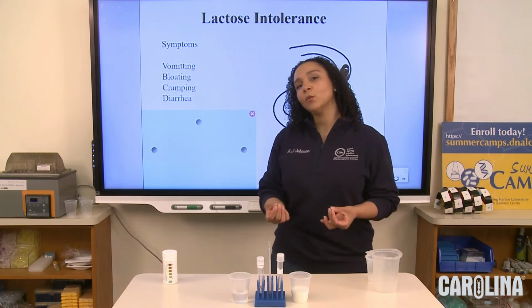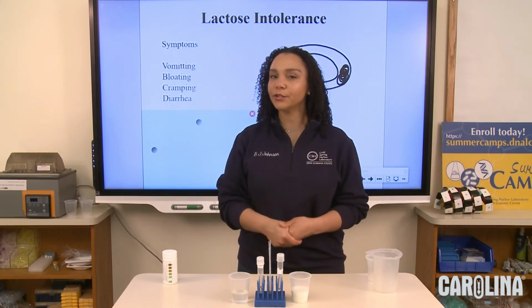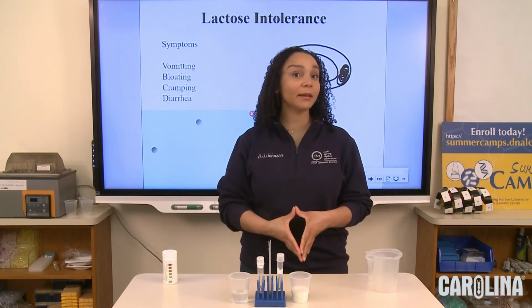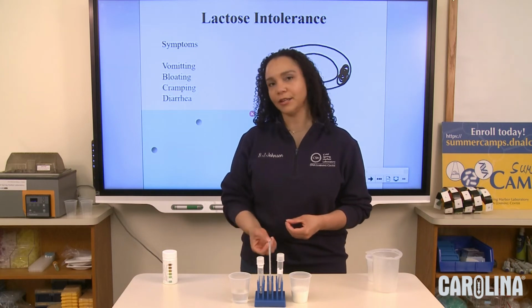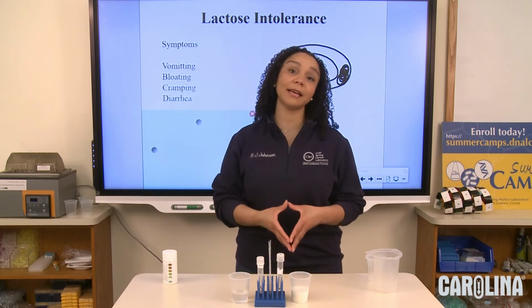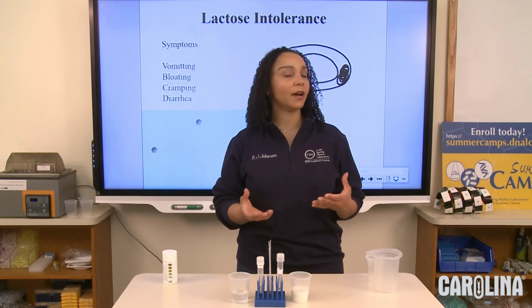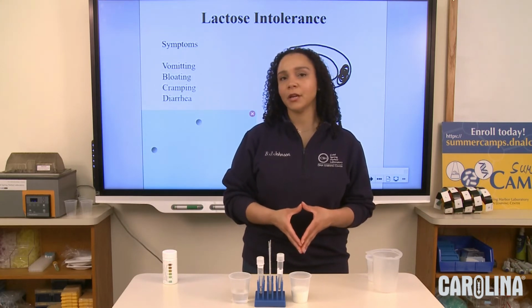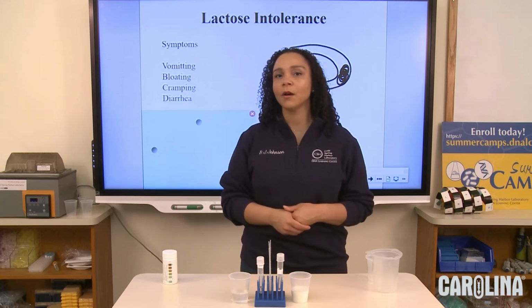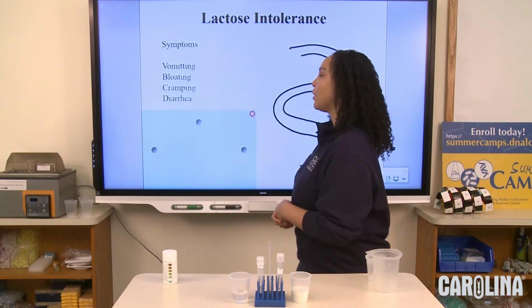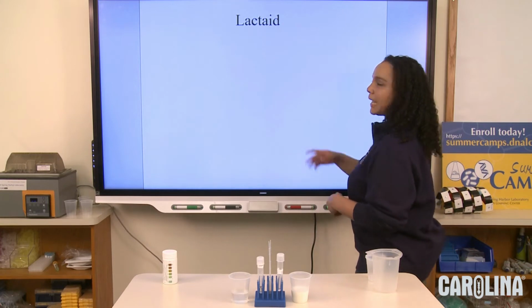So what would a person who's lactose intolerant do so that they're still able to enjoy things such as ice cream and other products that have lactose in it? They can drink other types of milk, such as almond milk, rice milk, or what they can also do is take Lactaid.